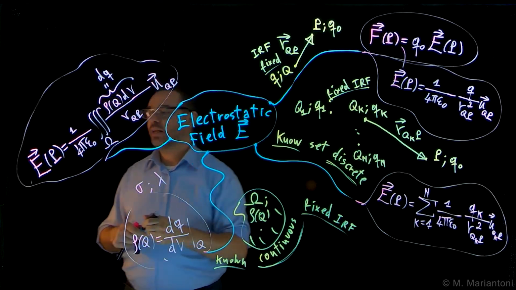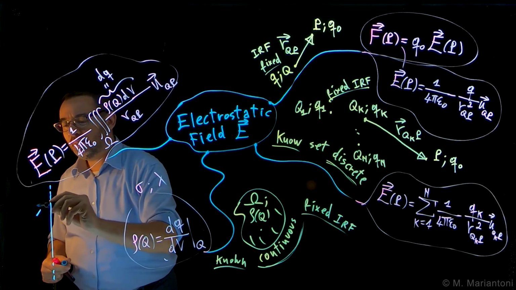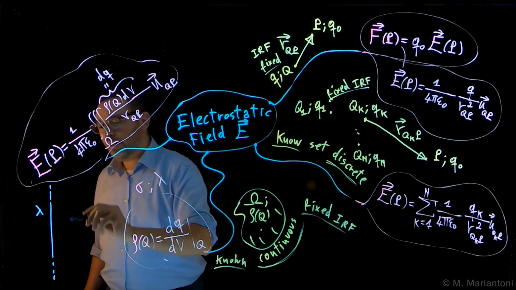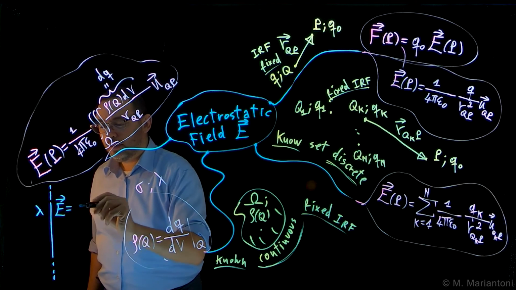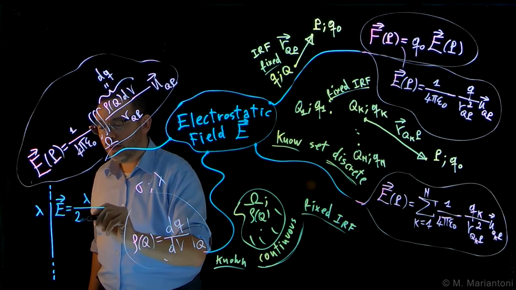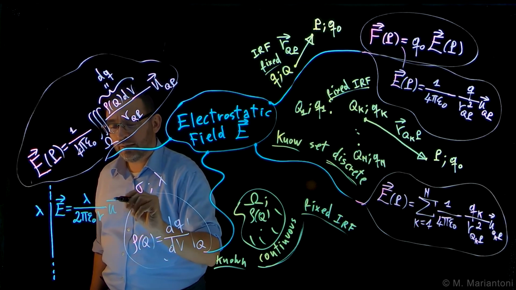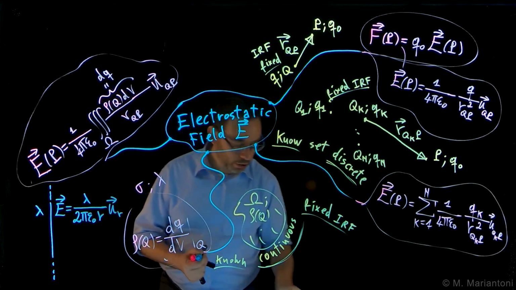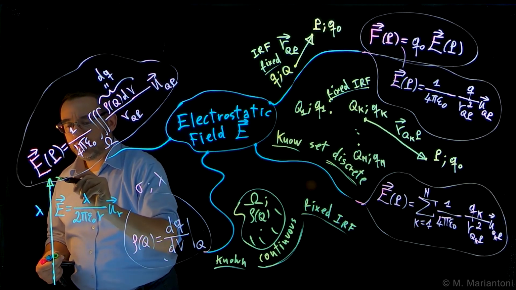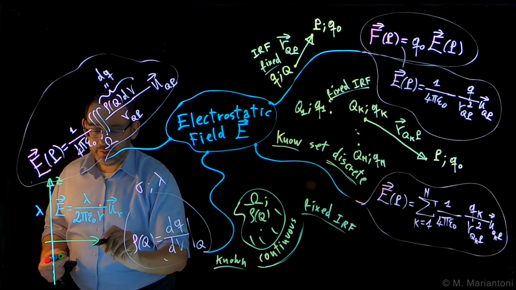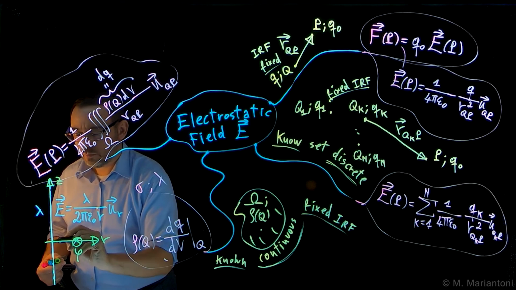I remind you that for an infinite straight line with uniform density lambda, the electrostatic field E is given by lambda over 2 pi epsilon naught r in the radial direction, in a cylindrical coordinate system, where this is the z-axis and this is the r-axis, and phi is in this direction, with this the origin.